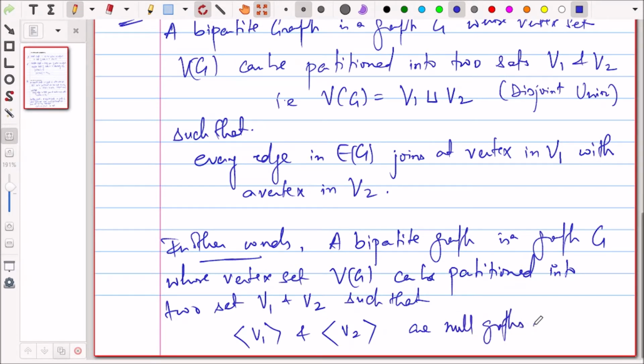Okay, that is, they have no edges in them. Is it fine? So this is also a definition that the subgraph induced by V1 and subgraph induced by V2 are null graphs. That is, they don't have any edges in them. So सारे edges जो हैं वो V1 और V2 के बीच में लाई कर रहे हैं. ठीक है?